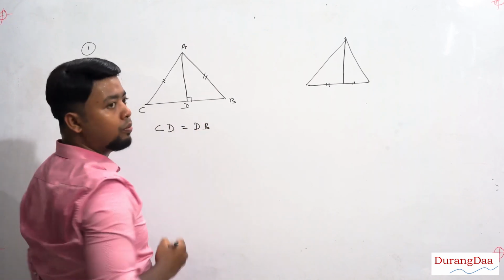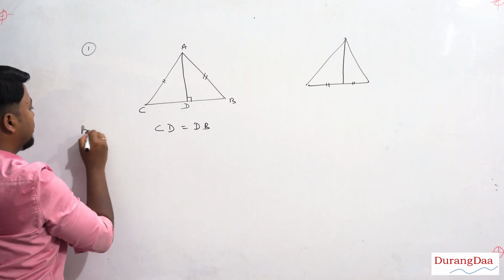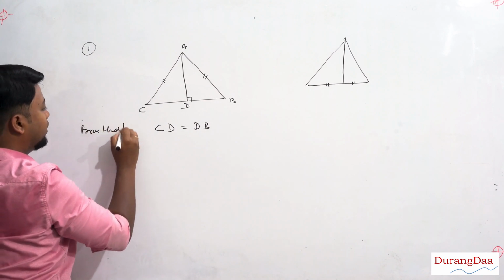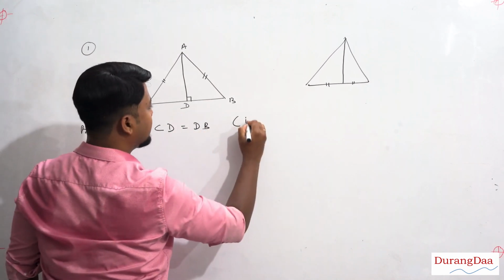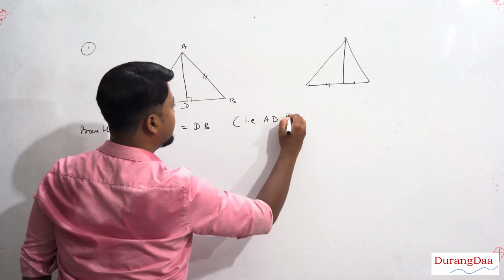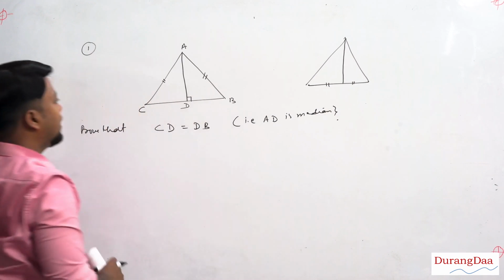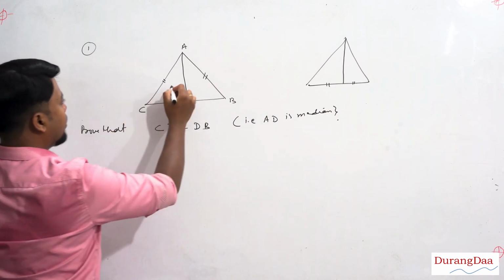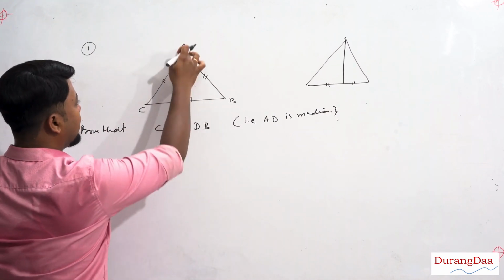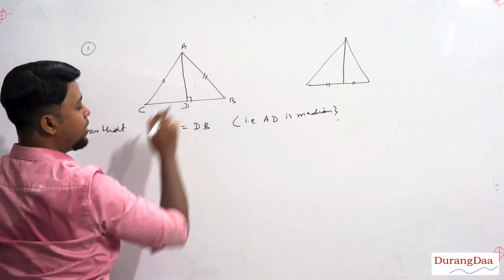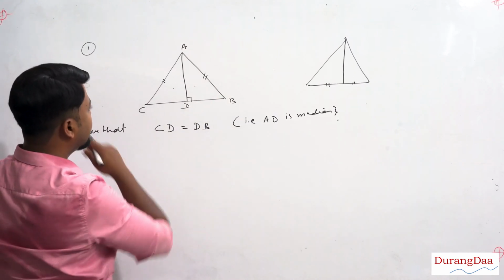So this is what we have to prove: CD equals DB, that is, AD is median. Let's start. Firstly, two triangles you can see here, triangle ADC and triangle ADB. Prove them congruent.